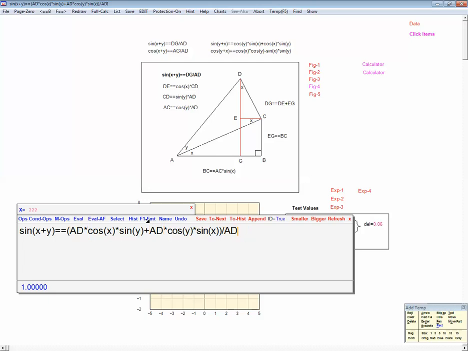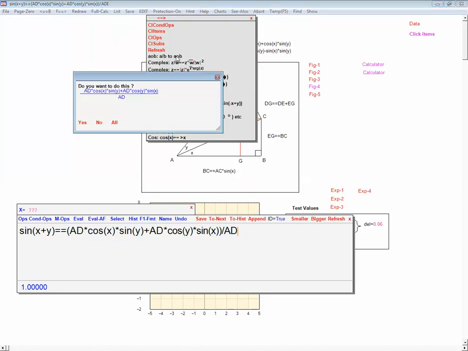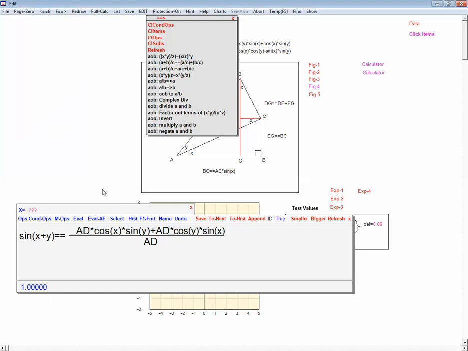The numerator is this whole sum here. It's a little hard to see, but that whole thing is a sum. Let me do this. Perhaps if we put it into our A over B format, it might be a little clearer what's going on. Yes. Okay, so there we have a sum on top, and everything is divided by AD.